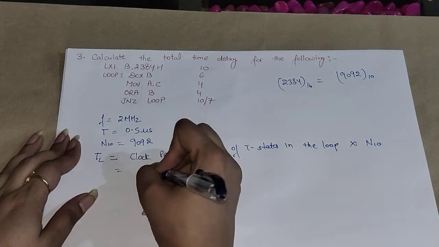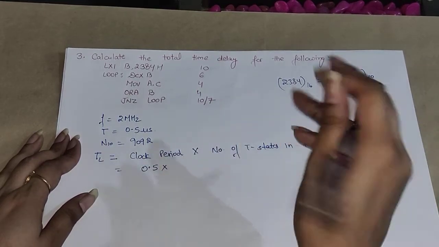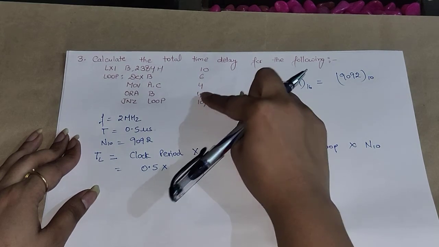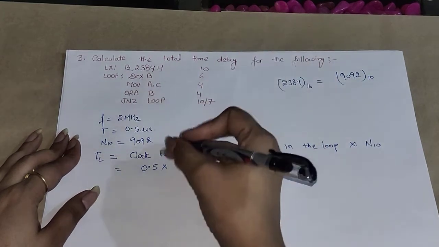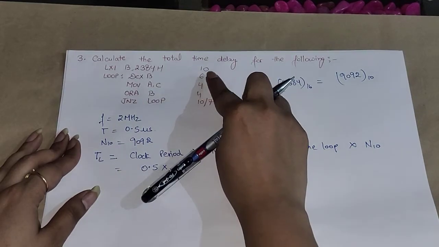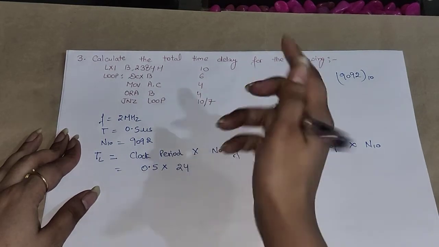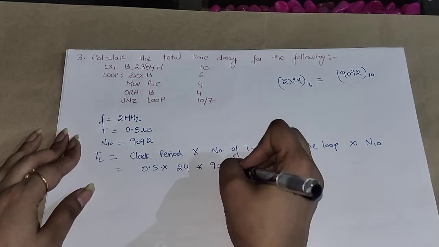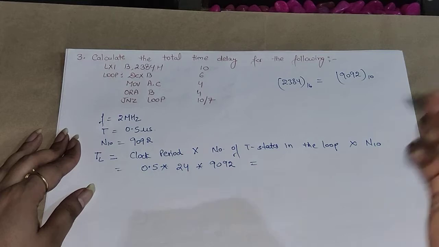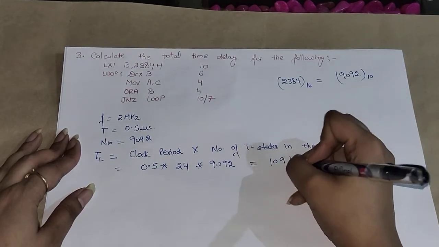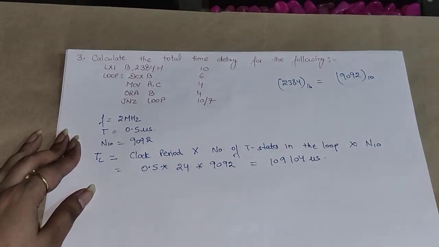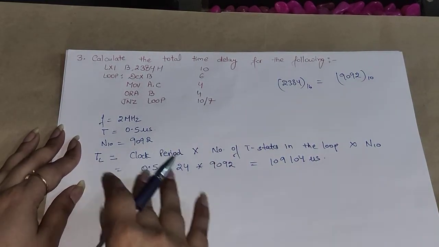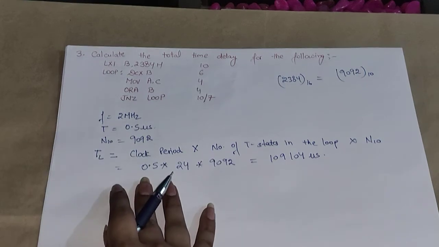Clock period 0.5 multiplied by number of T states: 6 plus 4 is 10, plus 4 is 14, plus 10 is 24. Inside the loop, 6, 4, 4, 10 are used. So that means 24 into 9092 and 10 into 0.5, which is equivalent to 109104 microseconds. Clear? Now in this question I am not calculating the adjusted time delay.